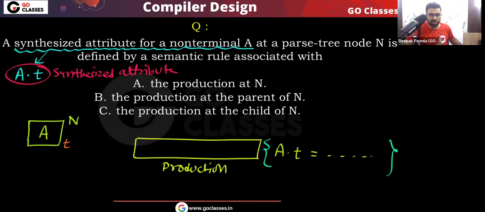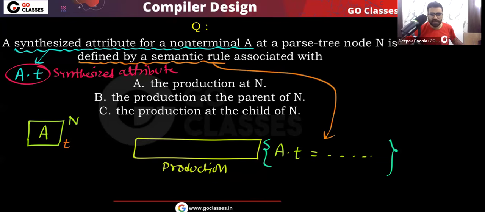Is this clear? So notice one thing. The question is saying defined by a semantic rule. So let's assume this is that semantic rule, and this semantic rule is associated with this production. In this semantic rule we are defining the synthesized attribute of A. This A dot T is the synthesized attribute of A.